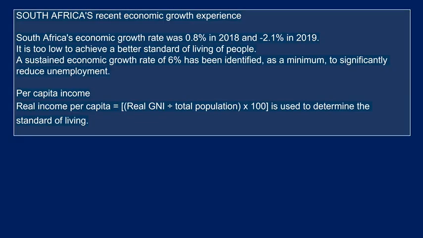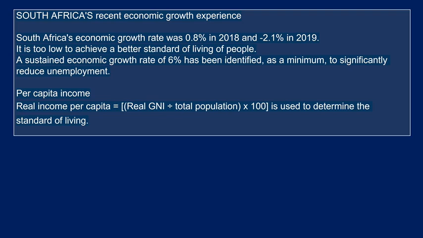South Africa's recent economic growth experience. South Africa's economic growth rate was 0.8% in 2018 and a negative 2.1% in 2019. So it is too low to achieve a better standard of living for people.